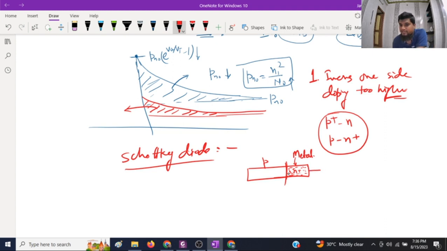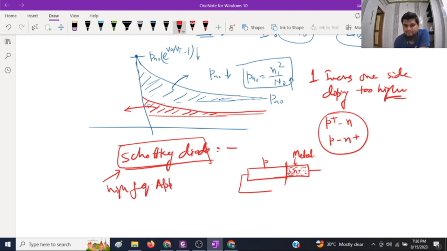Of course, that's why the storage time will be reduced to almost zero in case of a Schottky diode. They are especially used in high frequency applications. Also, if you reduce NP0, you will find that this time will also reduce.